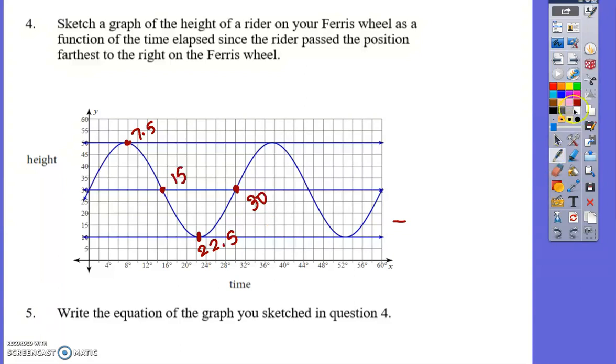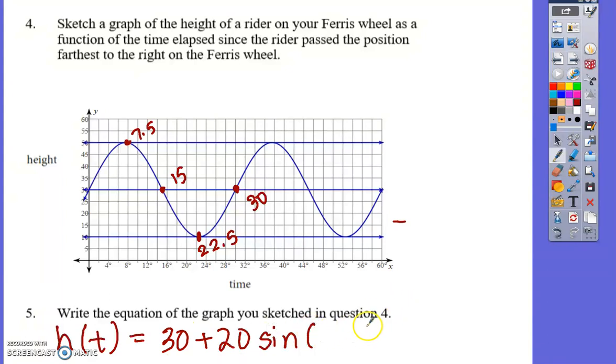My equation, based on my information: I'm going to use h of t, height at a specific time. I think we used h of t for our other equations, so if you want to use a different letter because we want it to be a different equation, whatever works for you. I've got 30, my midline, plus my radius of 20, sine of something t.